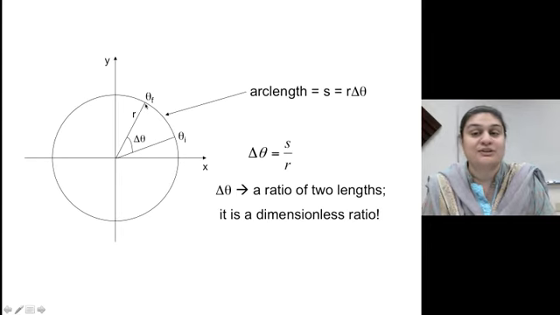This curved line is called the arc length, and the arc length is related to delta theta, which is the angular displacement, and r, which is the radius, by this formula here. Note delta theta is the ratio of these two. The arc length is given in meters, and the radius is also given in meters. So delta theta basically is a dimensionless ratio.